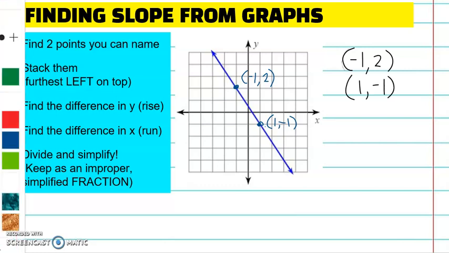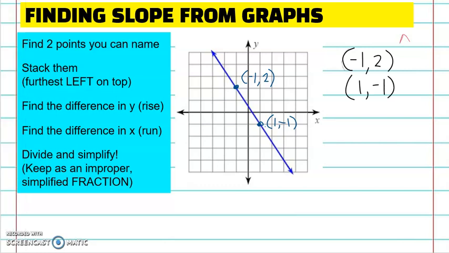And then I just go in and I find my changes. So my change in y is going to be, well, I went from 2 to -1, so that's -3. So my change in y is -3. And then I go find my change in x. How did we change? So -1 to 1, I went up by 2.